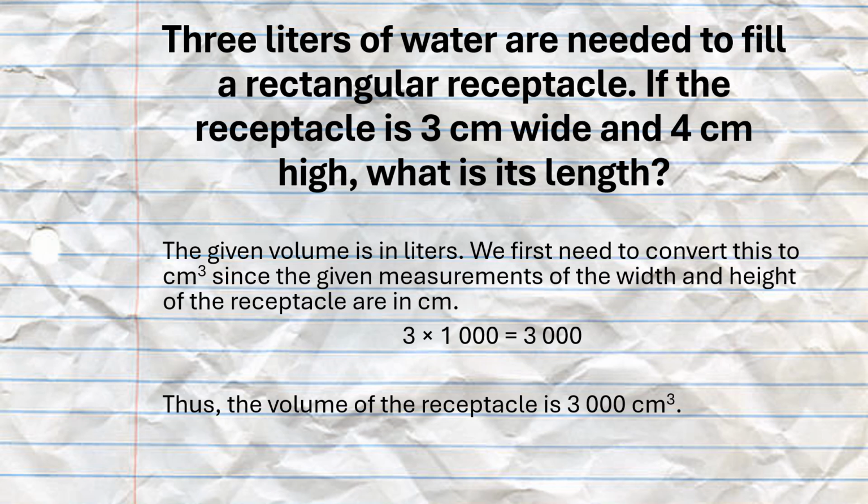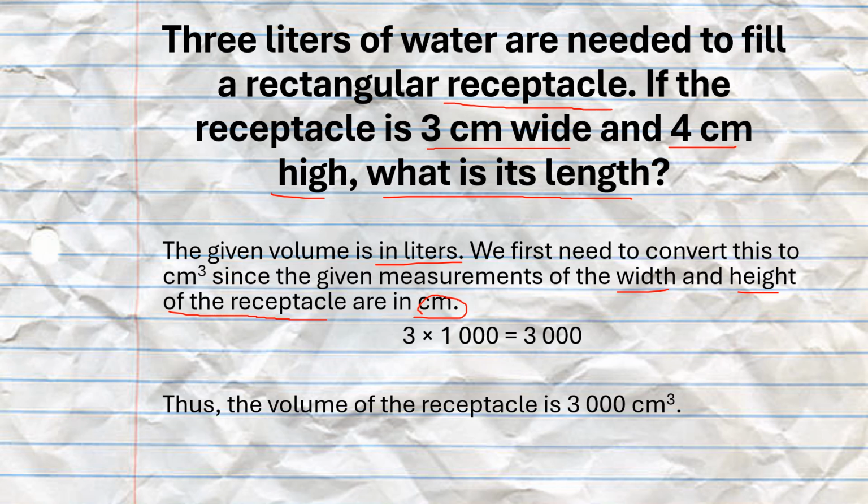3 liters of water are needed to fill a rectangular receptacle. If the receptacle is 3 centimeters wide and 4 centimeters high, what is its length? So the given volume is in liters. We first need to convert this to cubic centimeters since the given measurements of the width and the height of the receptacle are in centimeters.